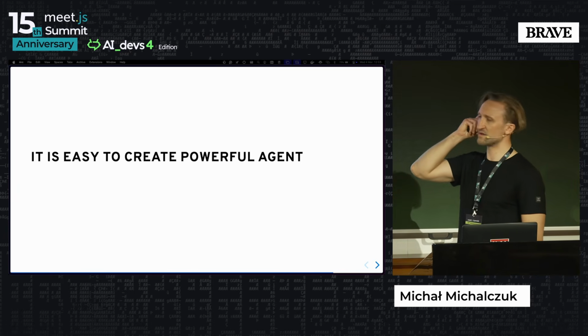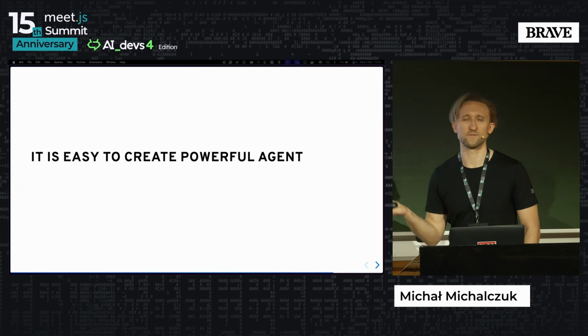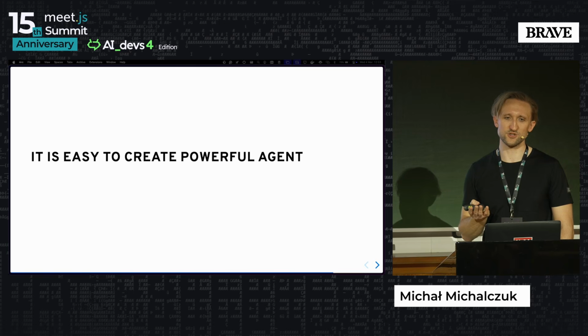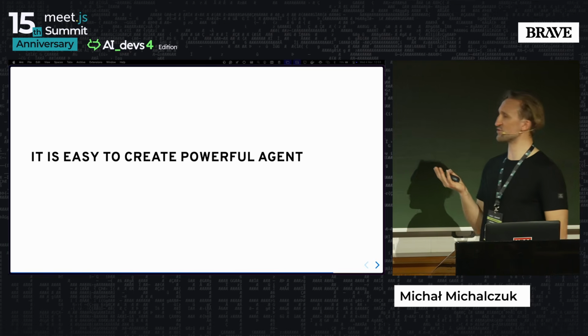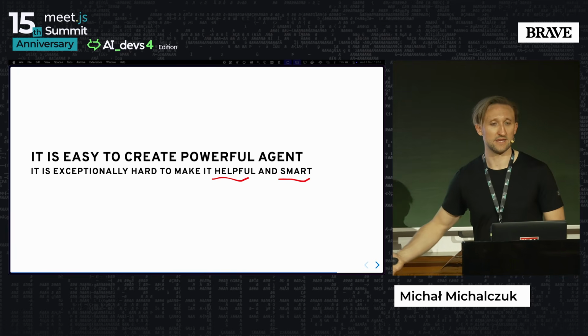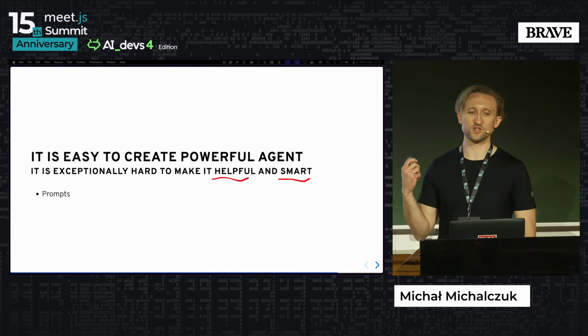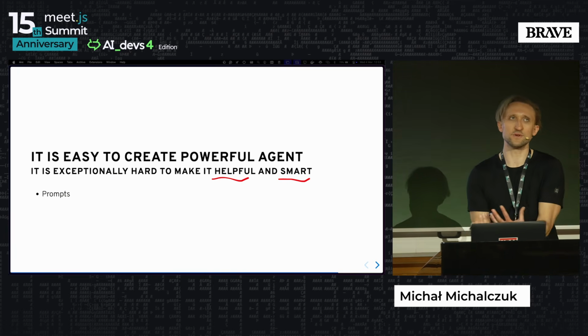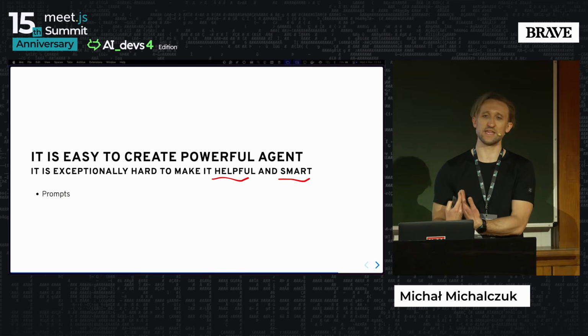And one key takeaway from this journey for me is that it's super easy to create a powerful agent, but it's exceptionally hard to make it helpful and smart. And it showed me how much glue is needed to make it smart, helpful, and powerful.